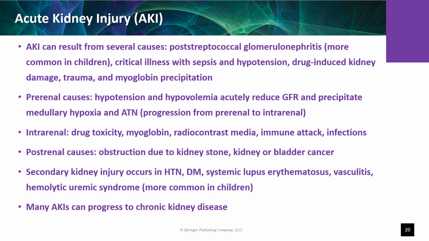AKI is managed with fluid replacement, correction of any acid-base imbalances, or alkalinization to assist with clearance of a toxic substance, and dialysis sometimes. AKI does predispose to later development of chronic kidney disease.